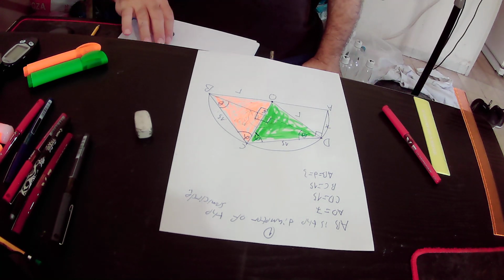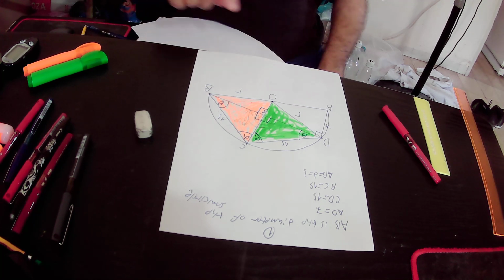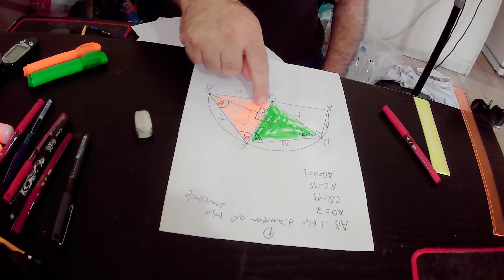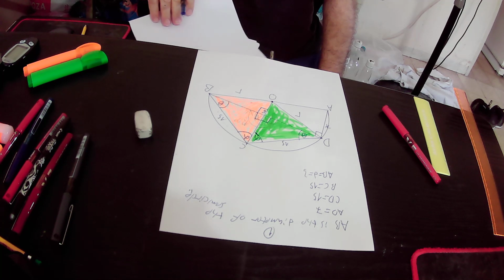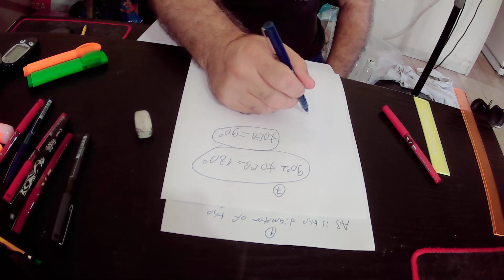Okay, so we found out that the size of angle OEB is 90 degrees. It is a right angle. We actually have a rule, number 3.